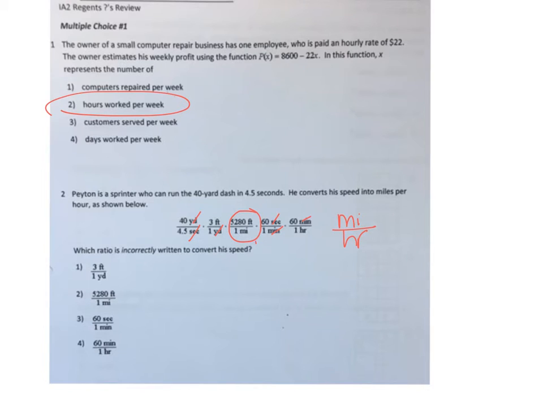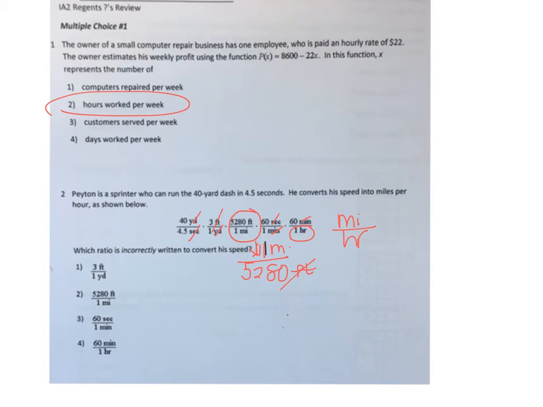However, if it was flipped, if 5280 feet was on the bottom and 1 mile was on top, then I would be able to cancel this out, and then I would have my miles per hour in the end, right? Because I have hours left over here.